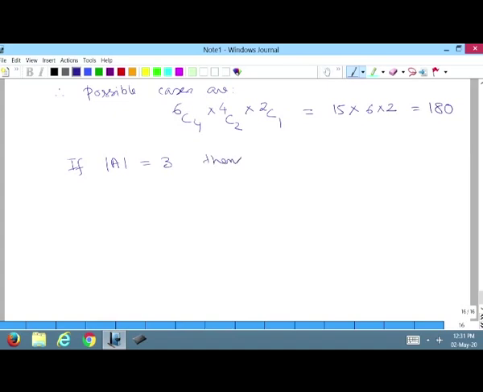Now, the cardinality of A is equal to 3. Then the cardinality of B has to be 2, and A intersection B should have only one element.